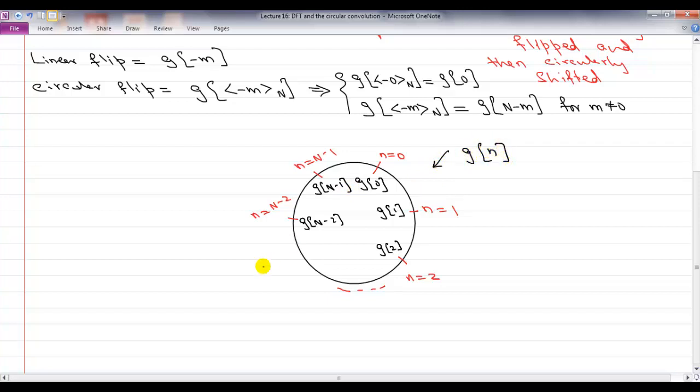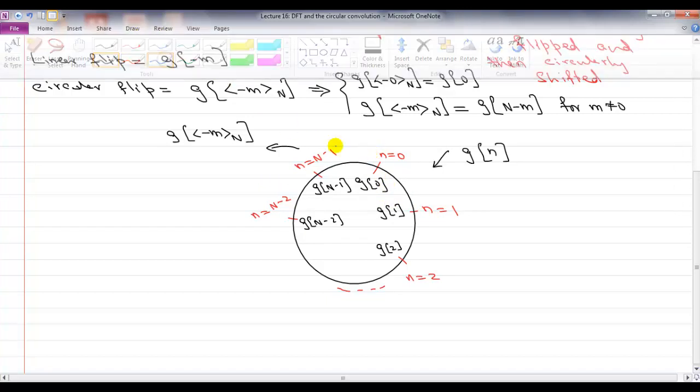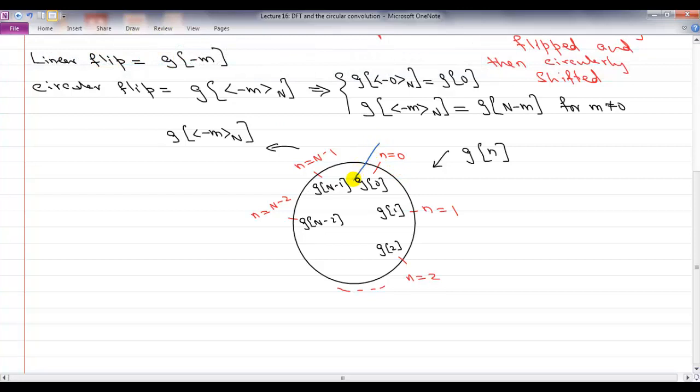Now, once we have Gn, we are interested in the circular flipped version of this Gn, which is given by G minus m mod n. So if you look at this graphical representation, what that means is that we fix the G0 at the index n equal to 0.